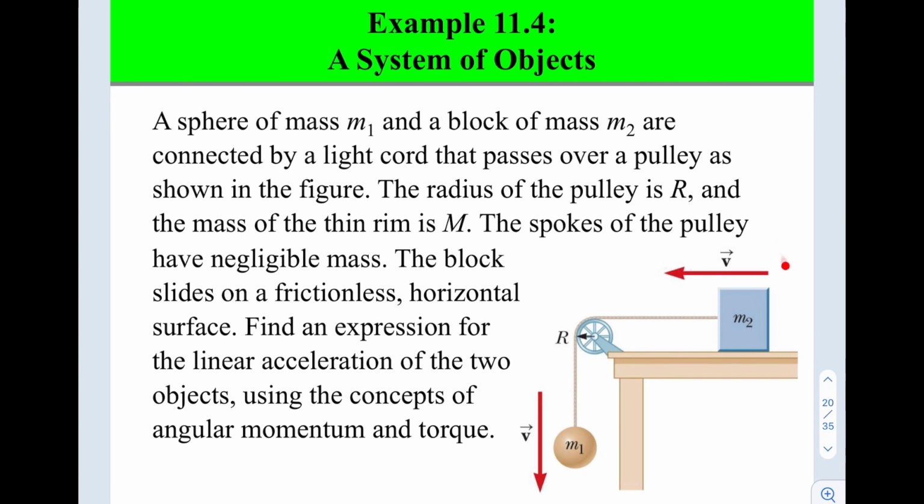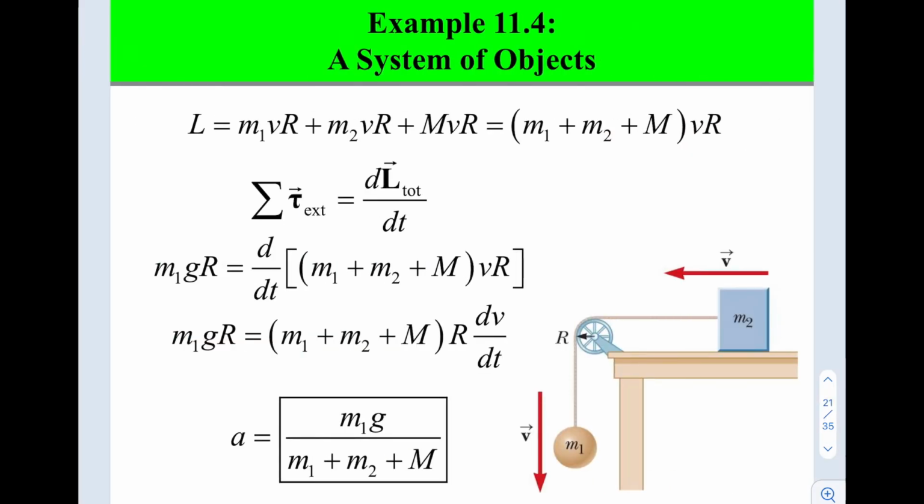If we refer to this diagram, this object is moving to the left, which is linear or translational motion. And this object is moving downward, also linear or translational motion. The one that is going to rotate, or having torque to be considered, is actually the rim here. So let's figure out the L for the system that we have.